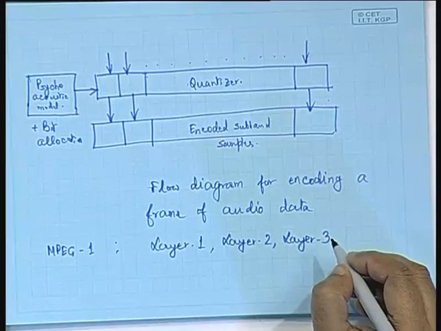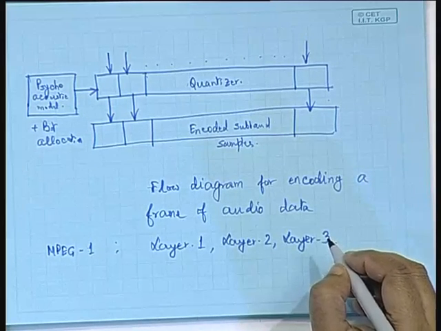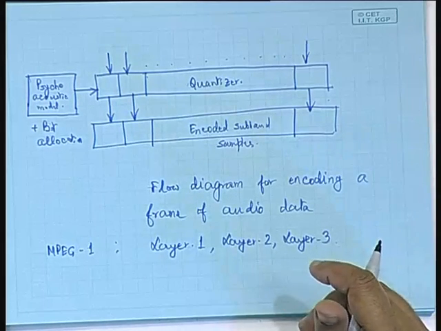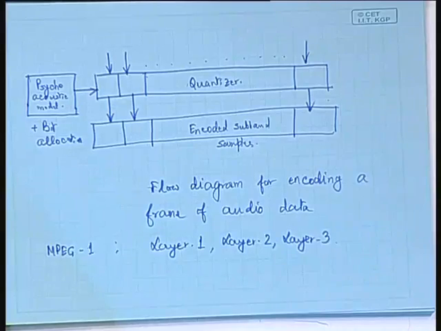Although in terms of compression efficiency layer 3 will be the best, for applications where we do not require that much compression efficiency, the layer 1 implementation happens to be the simplest.